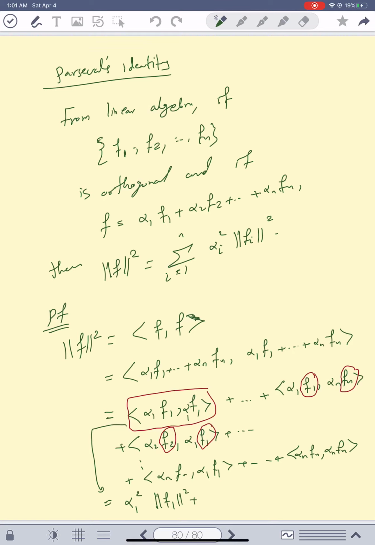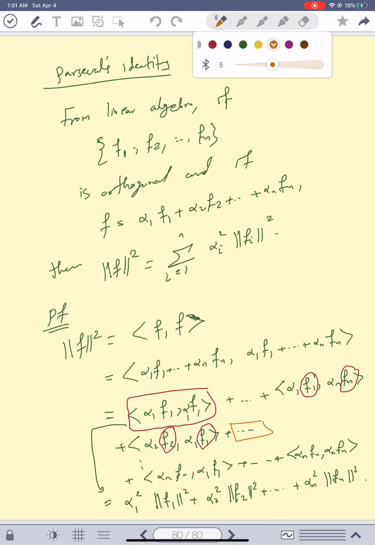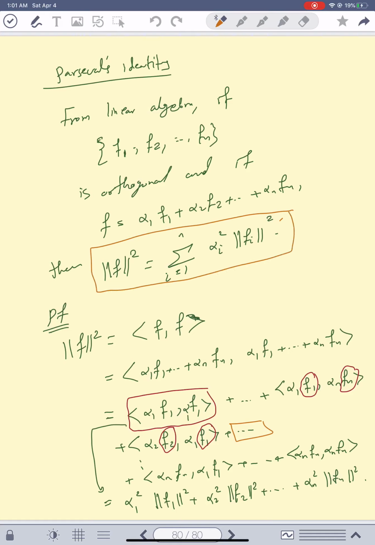Then in the second line, alpha 2 f2 with alpha 2 f2 is alpha 2 square magnitude f2 square, all the way up to the last term, alpha n square fn square. This is exactly the formula above. This is just a reminder of this basic identity of orthogonality.